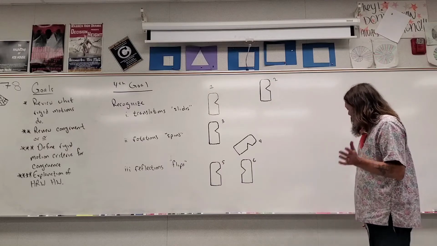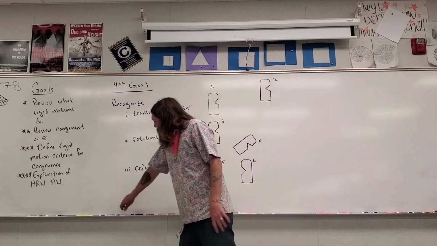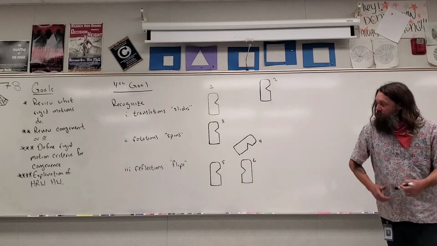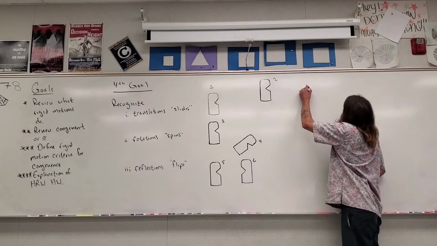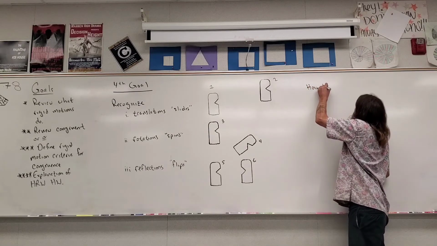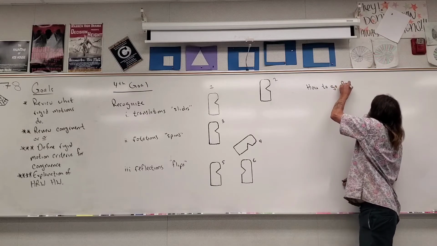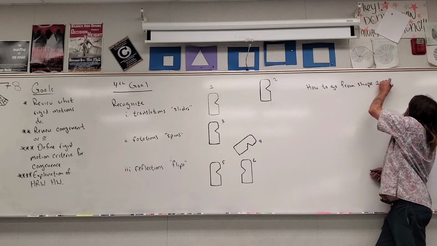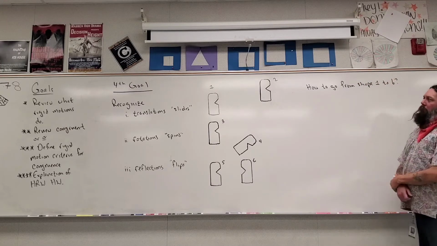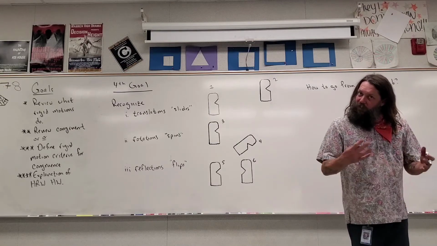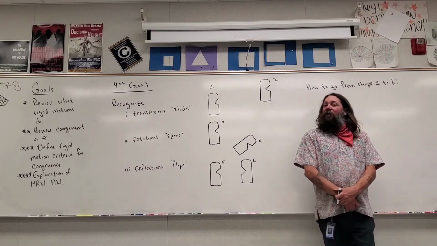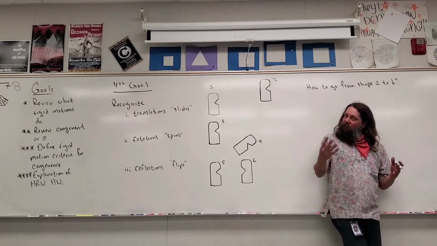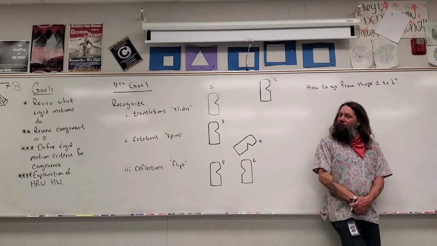So, for example, maybe you need to tell me how to go from shape 1 to shape 6. How would you go from shape 1 to shape 6? And so if we're able to articulate a sequence of rigid motions that would take shape 1 and make it land perfectly on shape 6, we would then say that these shapes are congruent by the rigid motion criteria.